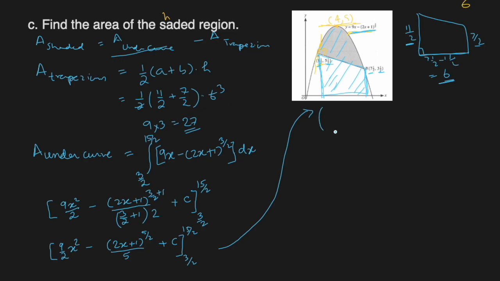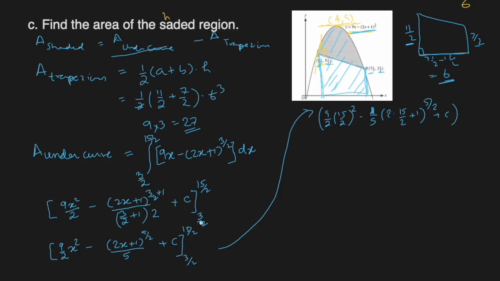So let's substitute 15/2 first. So 9/2, 15/2 square, minus, let me write 1/5 outside, so that I can write this is 1, 2 times 15/2 plus 1 to the power 5/2 plus c.